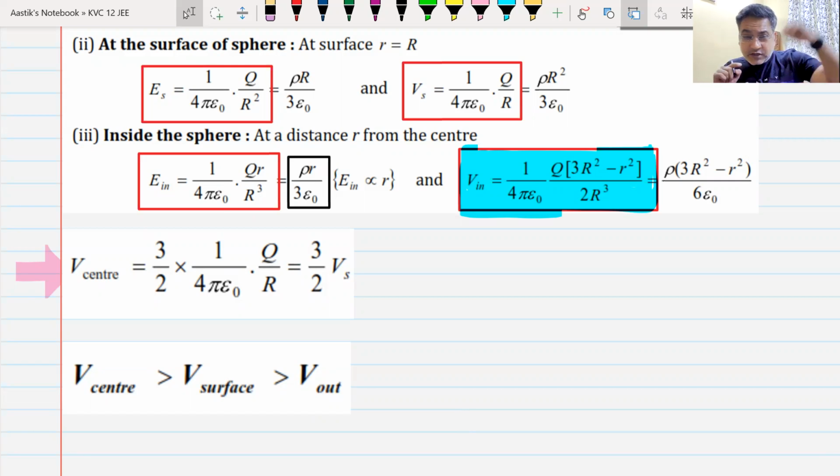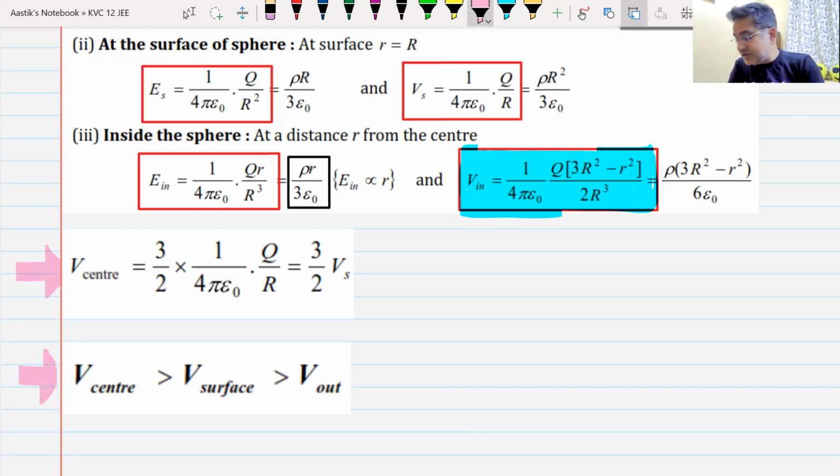Something has changed. In the case of a conducting sphere, there was equipotential and then the potential was going down. Here potential at the center is the highest. Remember, small things make a big difference in your eventual marks that you are going to get, my dear friends.